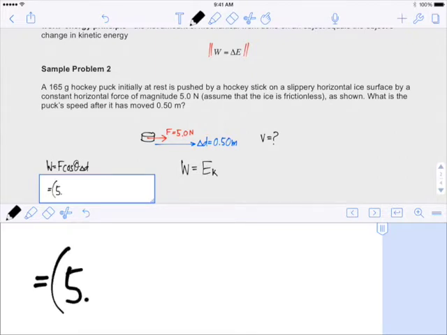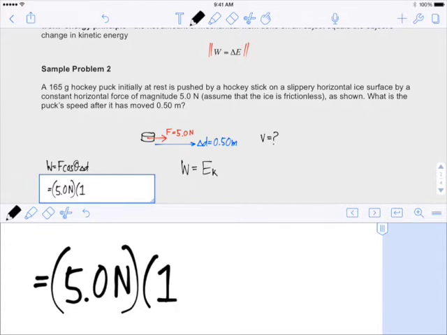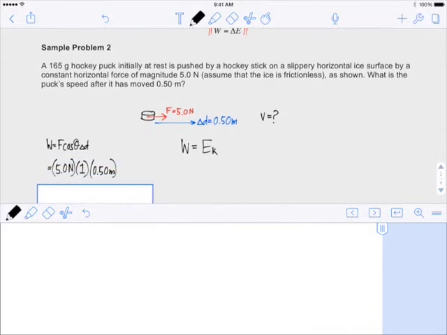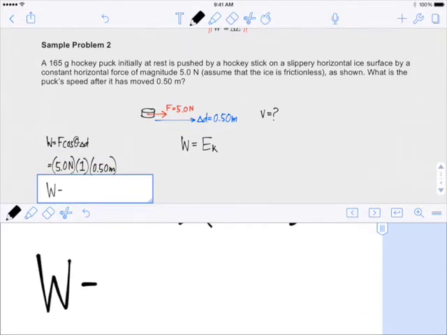So that's 5 newtons times the cos of 0, which is 1 because the force and the displacement are in the same direction, times 0.50 meters. We end up with the work done being 2.5 joules.